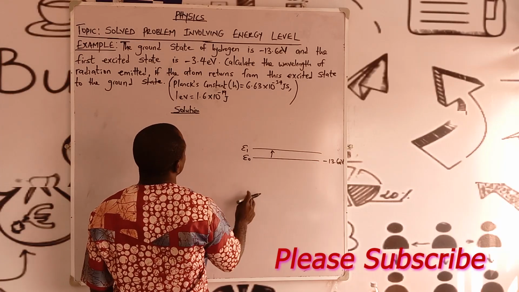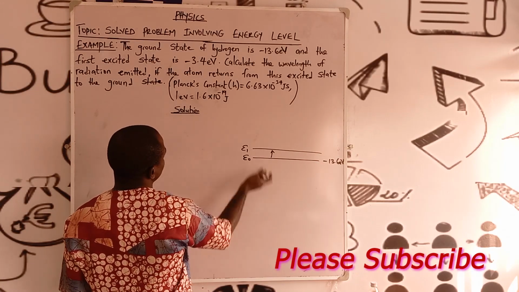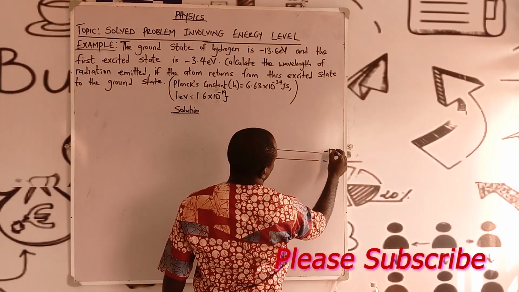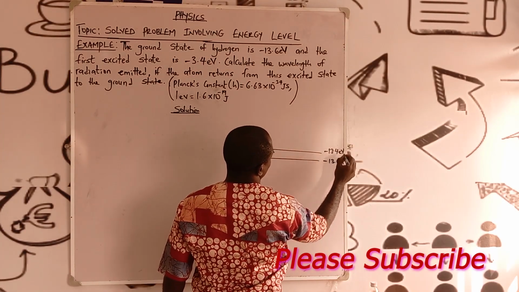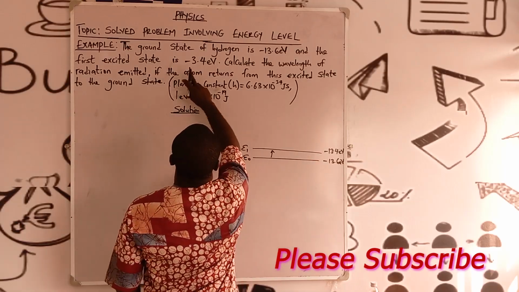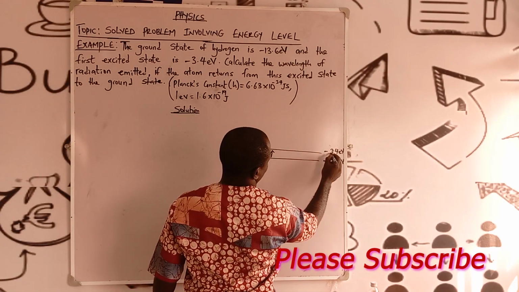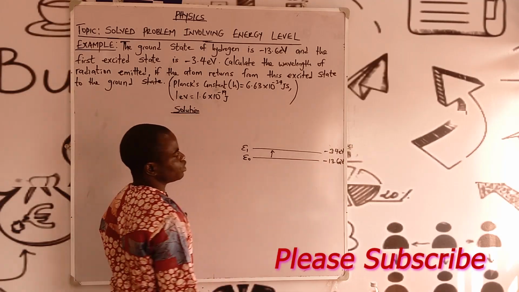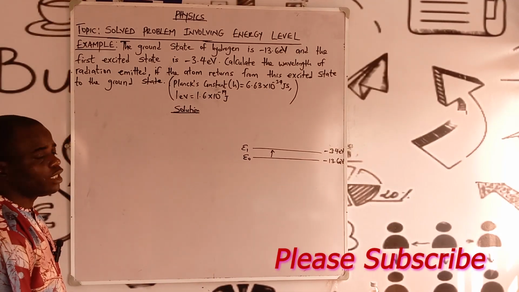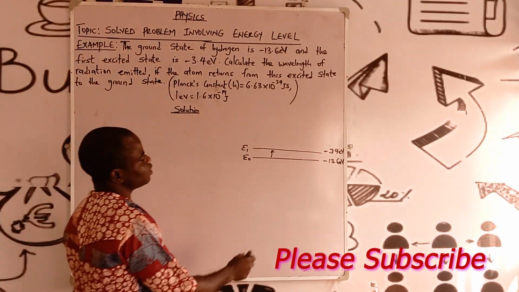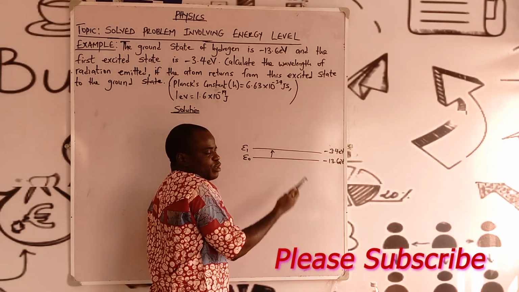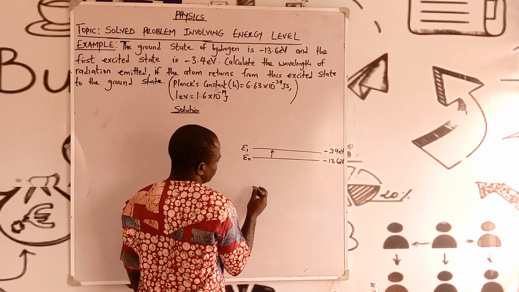The electron goes up and gets excited to minus 3.4 electron volts. The ground energy level is minus 13.6 electron volts. Don't forget that as it's going up, the energy it takes to move up will be higher. Let's look at the number line.